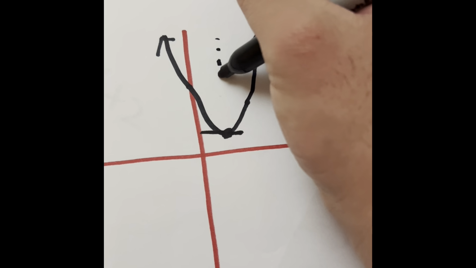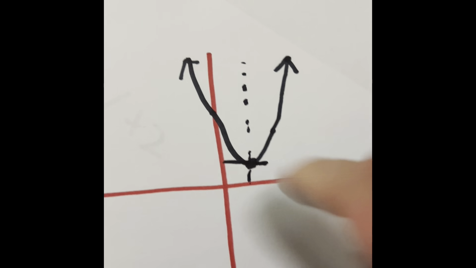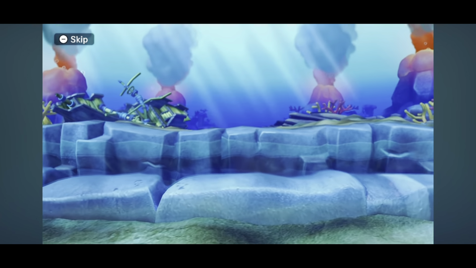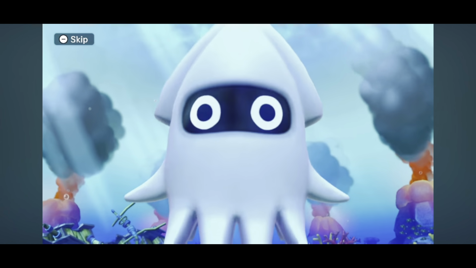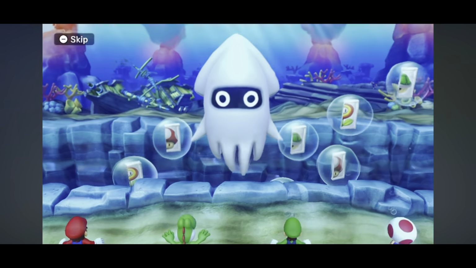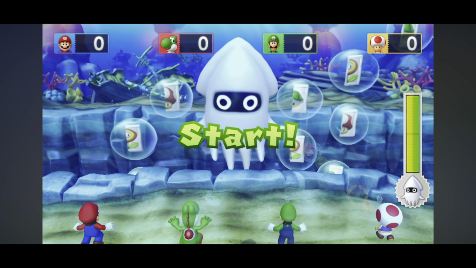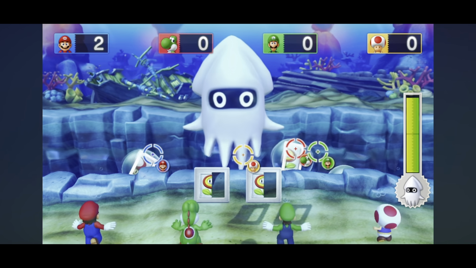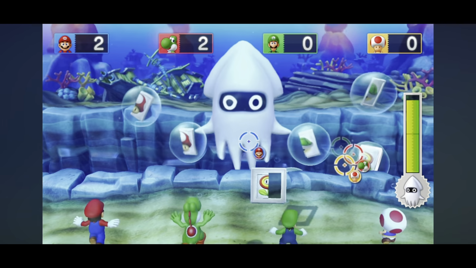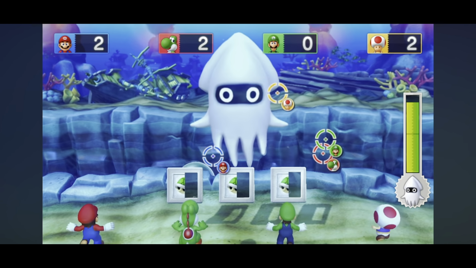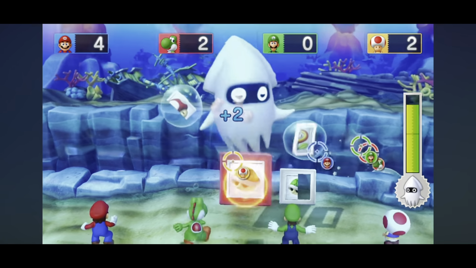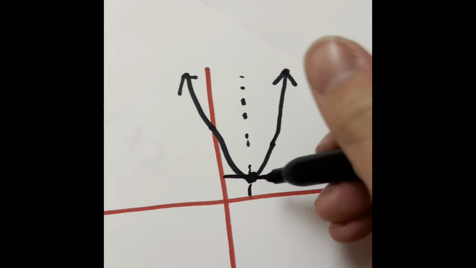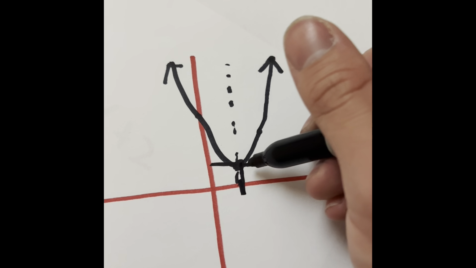So if you cut the thing in half, which is symmetrical, meaning 2 things look alike on each side, then it means that it's going to be the x-axis of where the vertex meets.